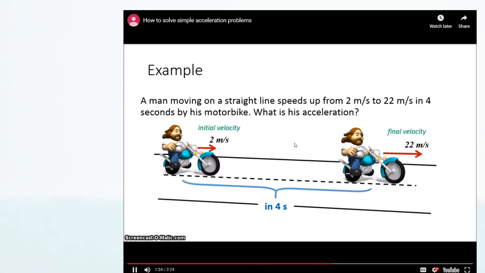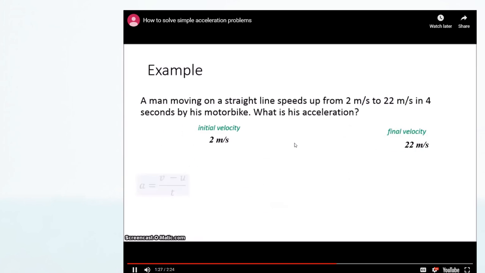Let's use our formula to answer this question. So here V represents the final velocity and U represents the initial velocity, and T is the time. If we do this calculation, we can find the acceleration as 5 meters per second squared.